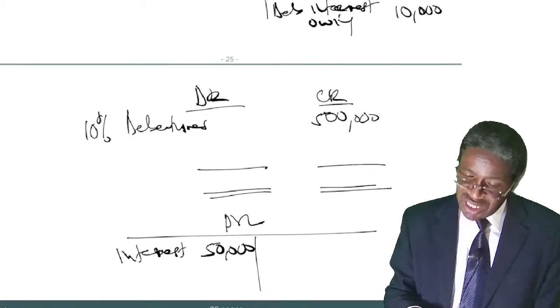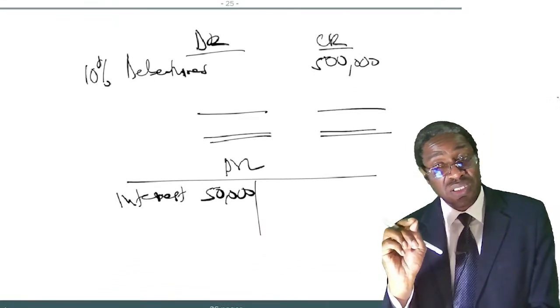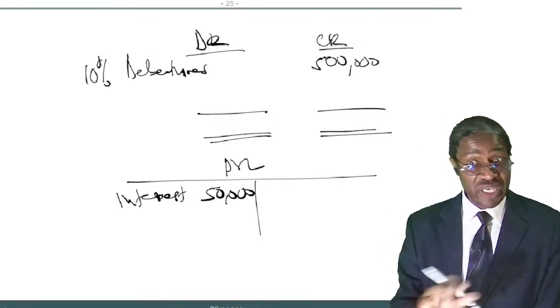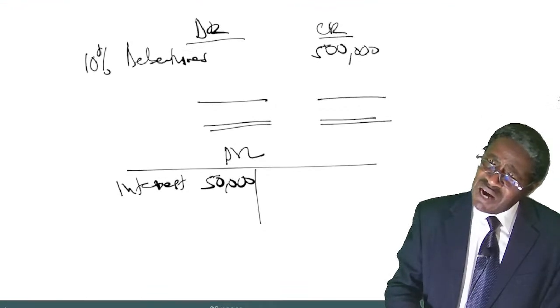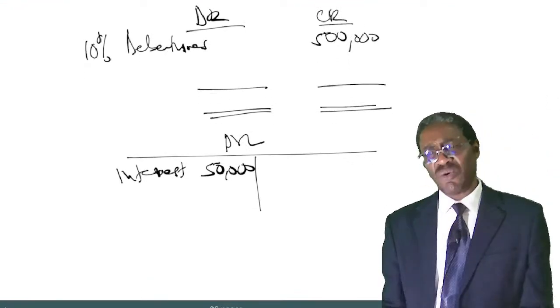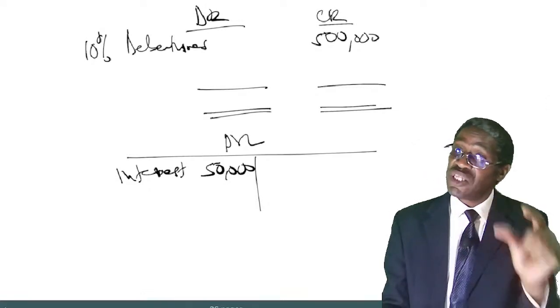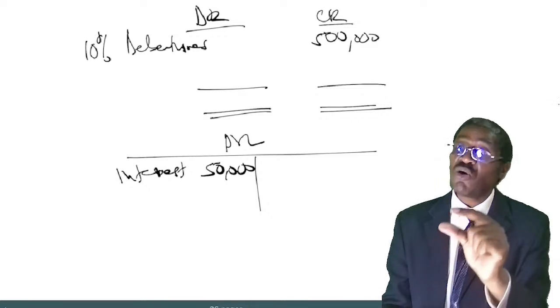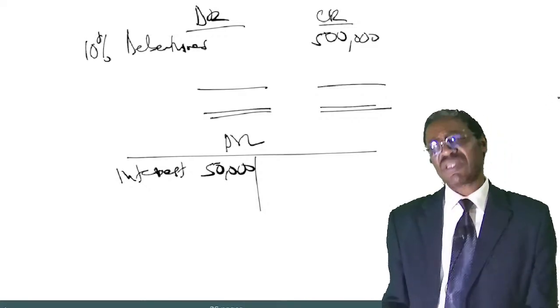In this second case, I am supposed to pay 50. That is what I charge in the income statement. That one, there's no question about it. When I'm doing the balance sheet now, I'll ask myself, do I owe my debenture holders anything? Of course, you are supposed to pay them 50, but according to the same trial balance, you have paid nothing at all.